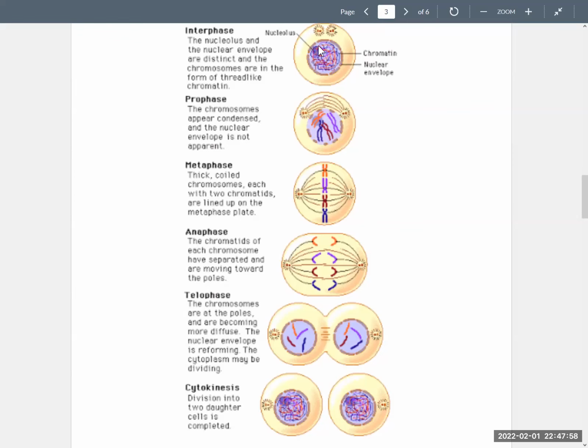The nucleolus here, the center for transfer RNA production, is largely disappeared. You don't see it in prophase. And the nuclear membrane begins to disappear. Now, some books, some people, some teachers say it disappears, it dissolves.